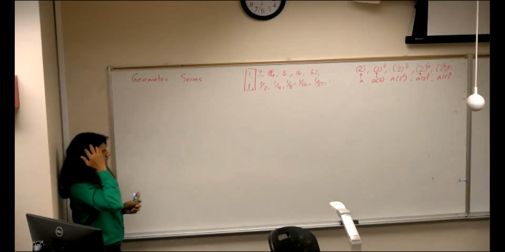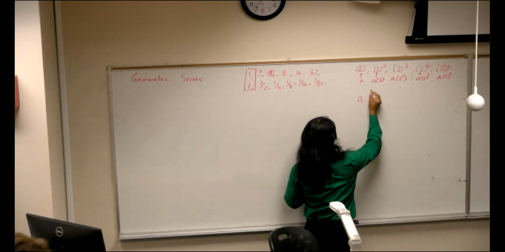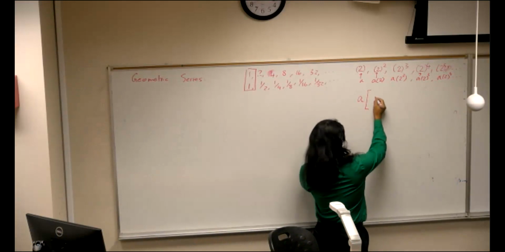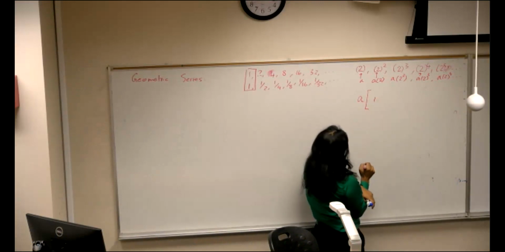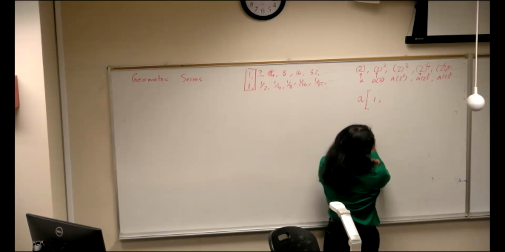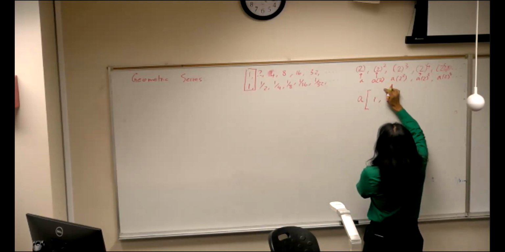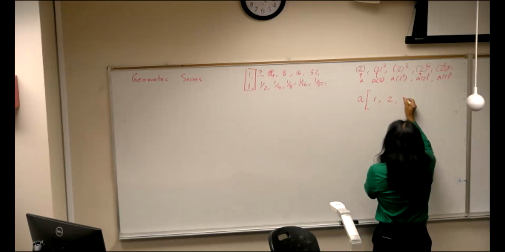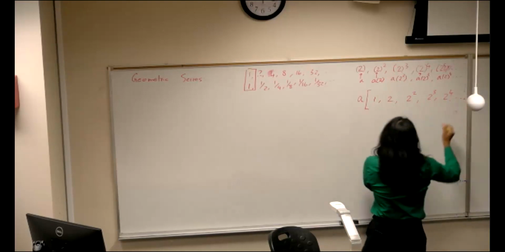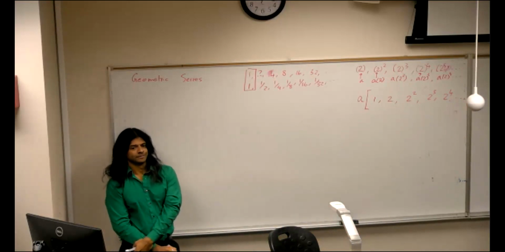And if I pull A out, I would end up having 1, 2 written as 2A, so I'll have 2 followed by 2 squared, 2 cubed, 2 raised 4, ... Agreed.